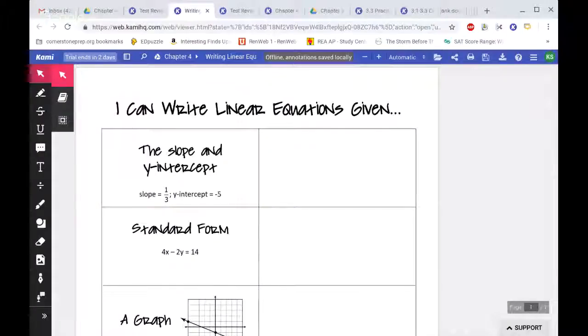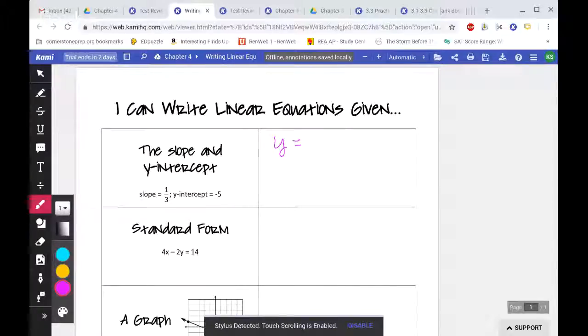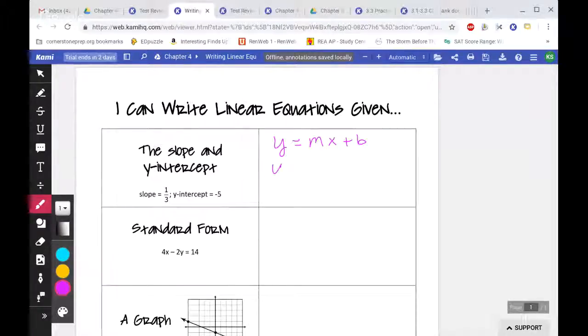So if you wrote a note to yourself, or I can even give this particular one out, the slope and the y-intercept, then I know that slope-intercept form. And if I'm given the slope and the y-intercept, I know I only have to plug that information in.